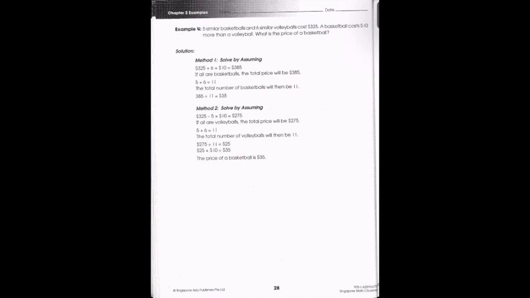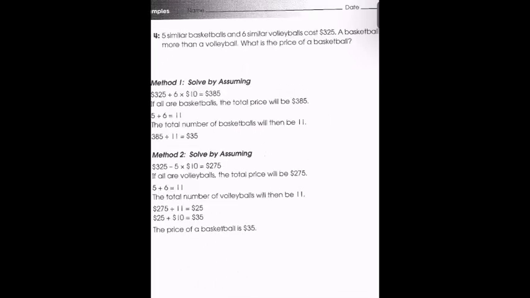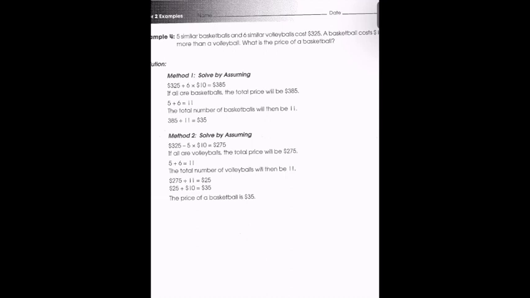So we're going to assume that all were basketballs. If you guys are going to assume that all were volleyballs, you should look for method 2. But I'm going to explain in terms of assuming that all were basketballs.